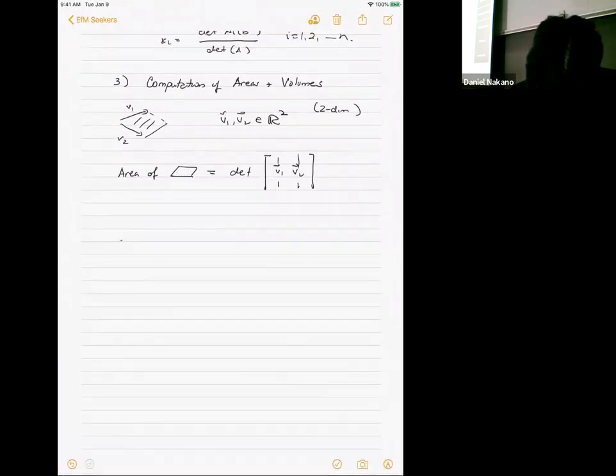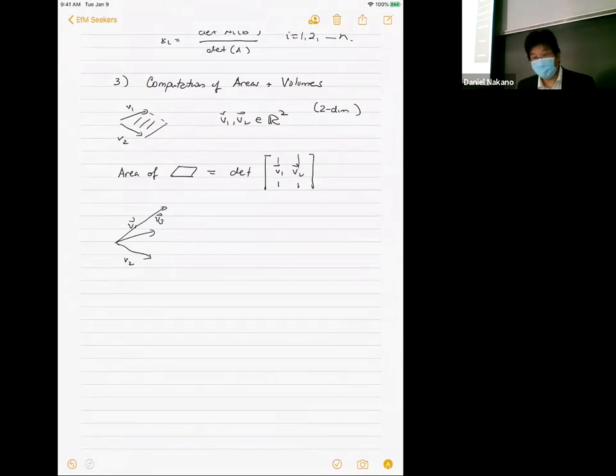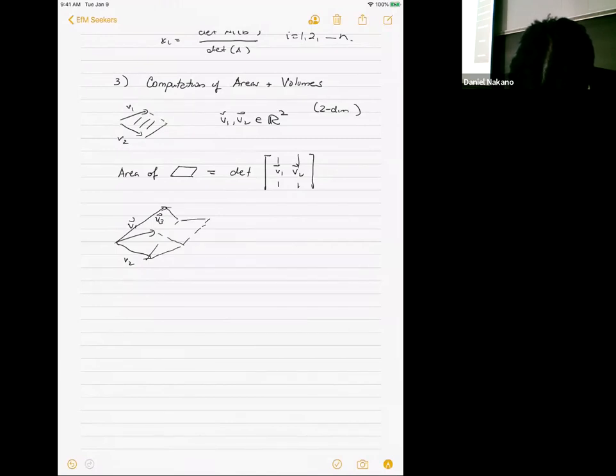So let's say I have v1 here, and I have v2 here, and I have another vector here, v3. Okay? All right, so you kind of have to imagine a 3-dimensional object like this, which goes like that, which goes like that. This is called a parallelepiped, okay?